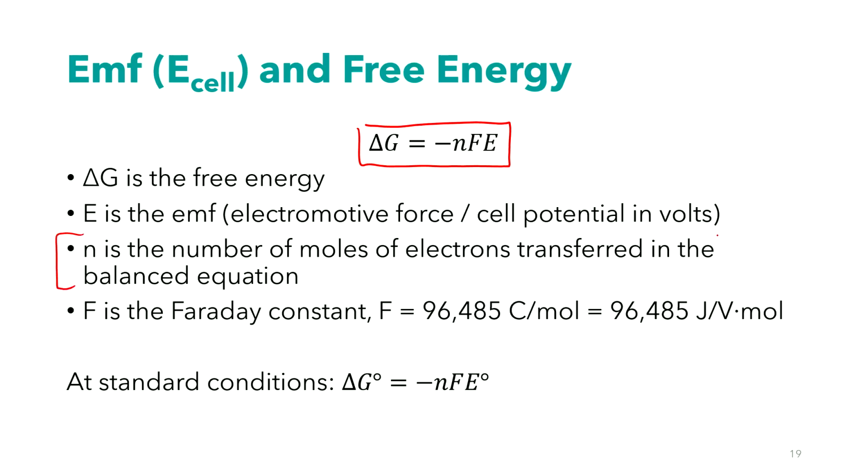This is why we do occasionally need our balanced reaction, because when I go to make this conversion, I need to know the number of electrons transferred. We'll look at an example. And then F is a constant, which you get on your equation sheet. The Faraday constant is 96,485 coulomb per mole, or for these calculations, I would think about it as joule per volt mole.